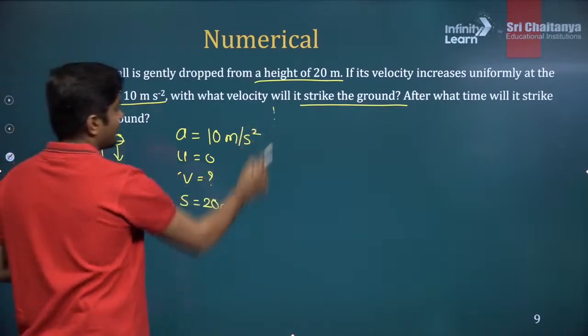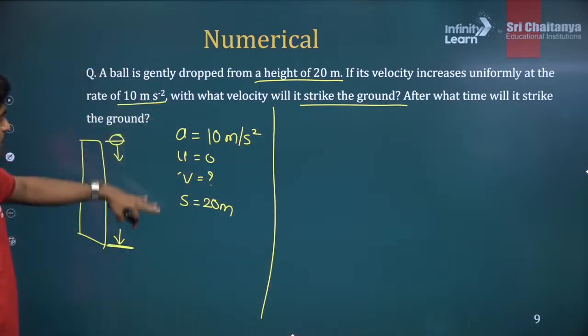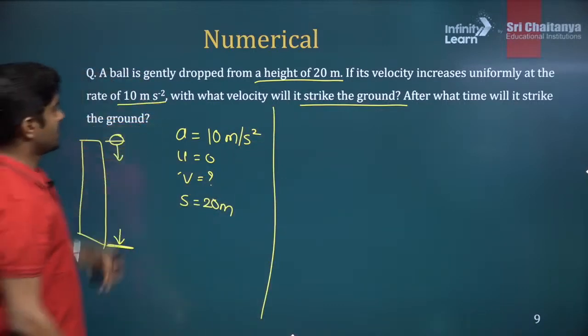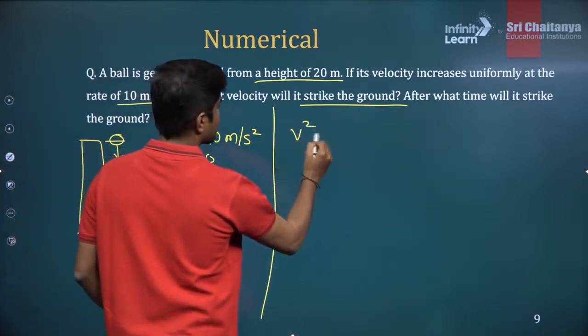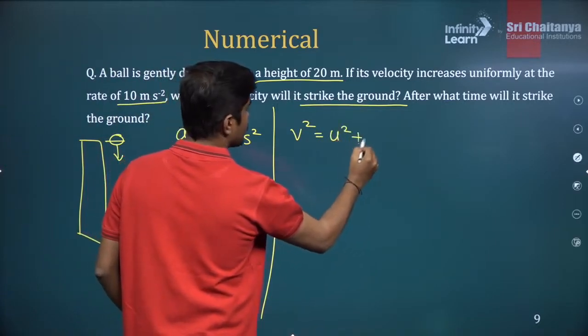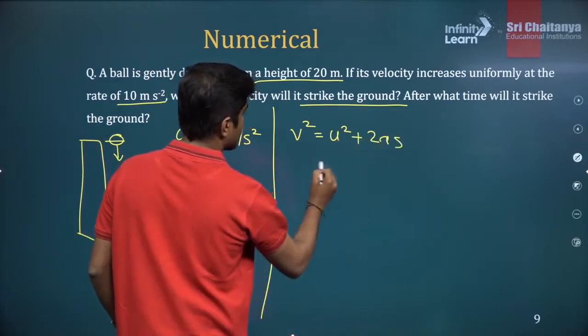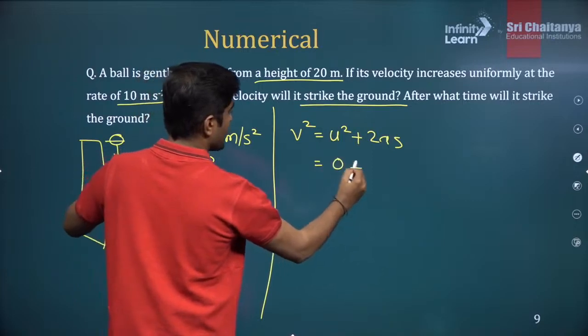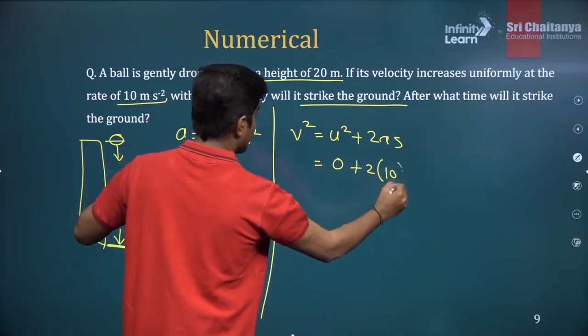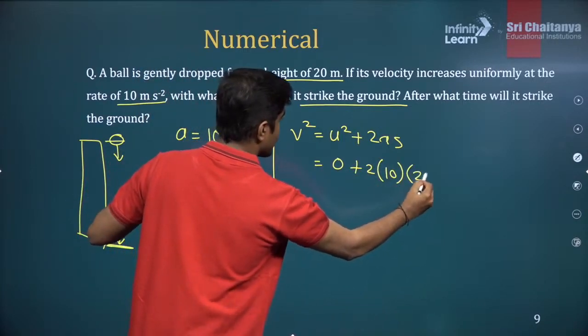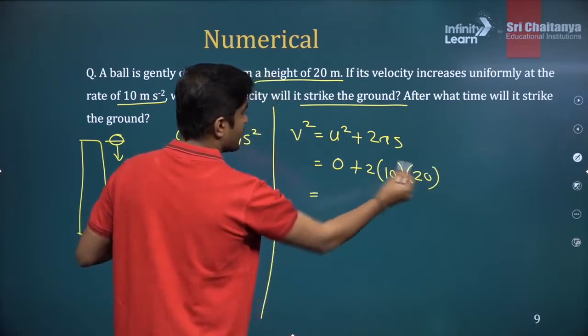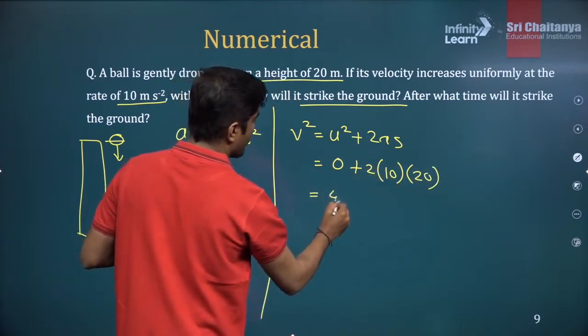So let's calculate. Here you can use the third equation: V square is U square plus 2 times A into S. U is 0, plus 2 times A, which is 10, into S, which is 20. So 20 into 2 is 40, into 10 is 400.